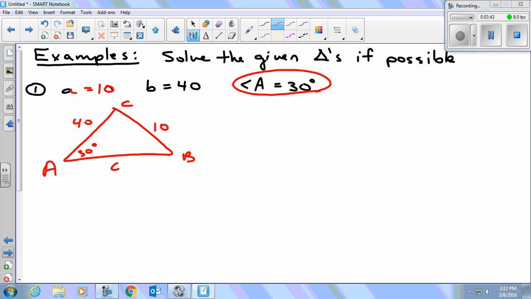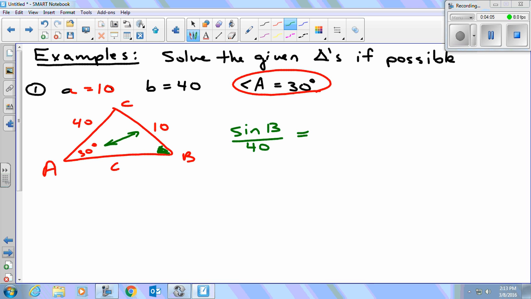So because we have this corresponding pair, we can use the law of sines, and we've got side B, so we'll use it to try to find the sine of B, or angle B. Okay, so sine of B over 40, and I always put my unknown top left of the proportion.